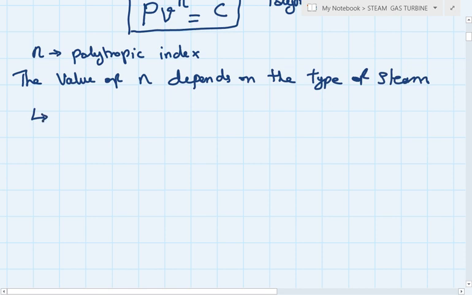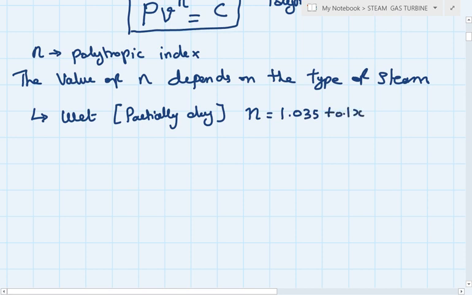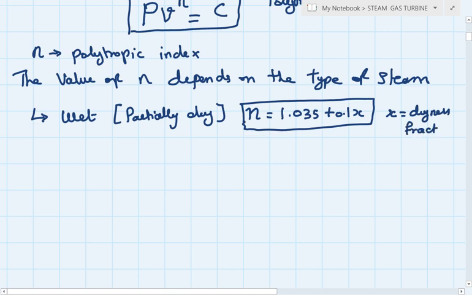When the steam is wet, which means partially dry, the value of n is given by the equation 1.035 plus 0.1x, where x is the dryness fraction.